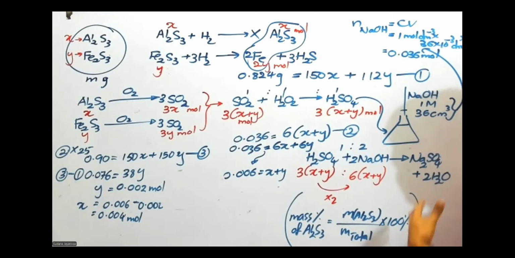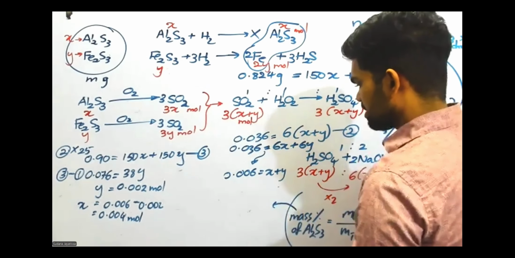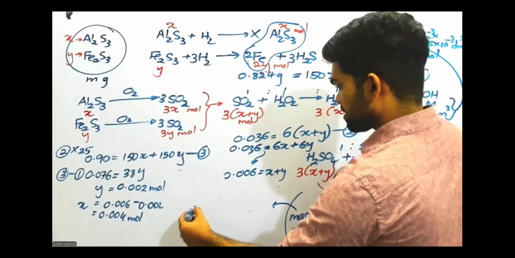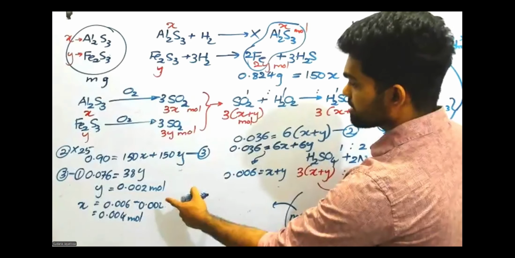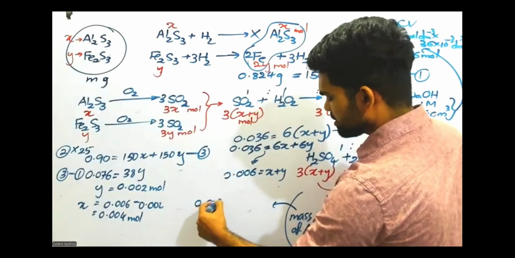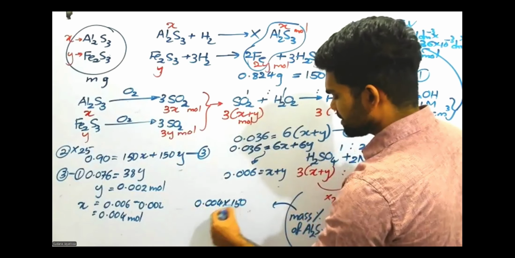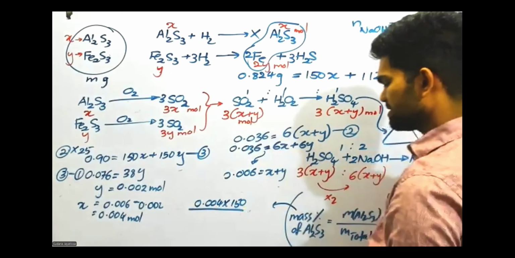And then after finding the moles, we can do this simplification. The molar mass of Al2S3 we found earlier, it is 150. So moles 0.004 into 150, that is the mass of Al2S3.